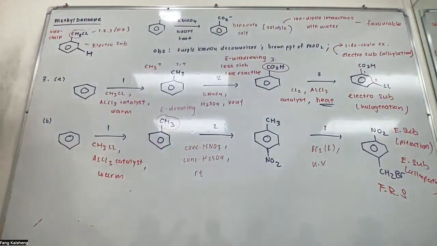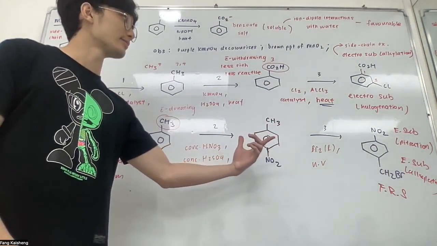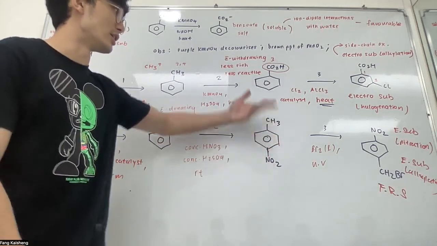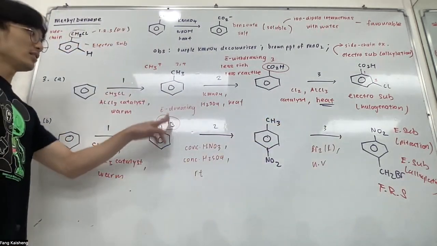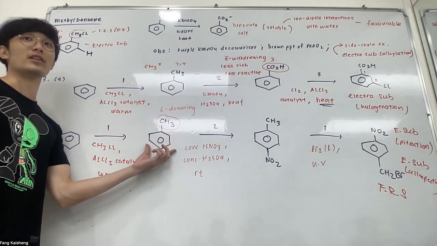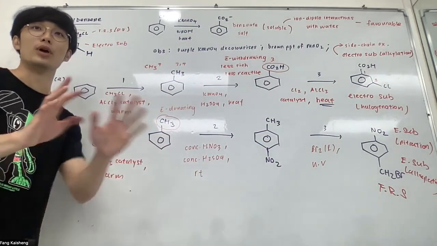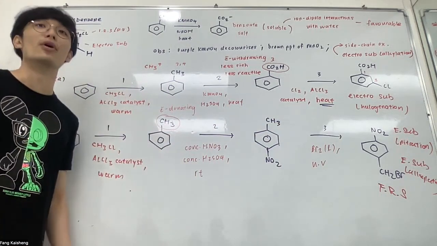The order is it? See, this one you just turn it around, then you get the one. Wait, sorry, what is it there? Okay, because this is donating, it makes the benzene richer. Richer benzene is more reactive. If it's very reactive, you don't need to put it so hot. You can chill out with the guy a little bit more.